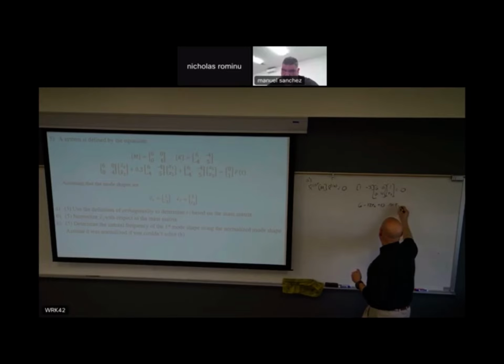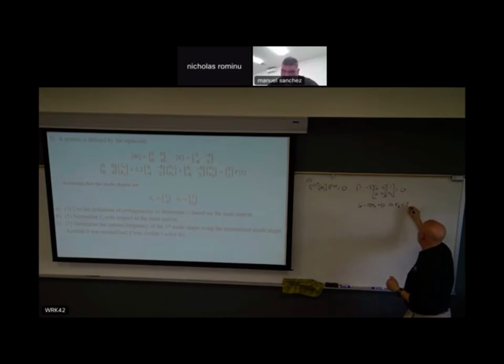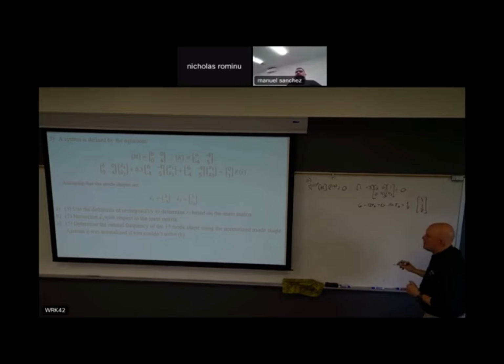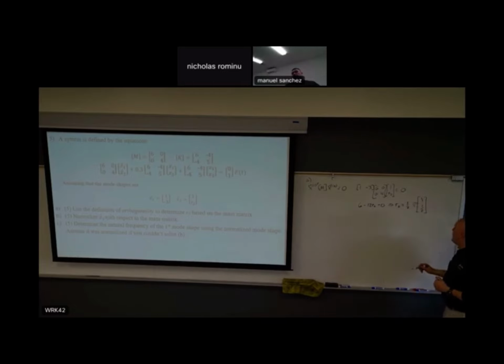So therefore r2 is equal to 1/2. So then your mode shape is going to be 1 and 1/2. So this would be x2. So that's the first mode shape.